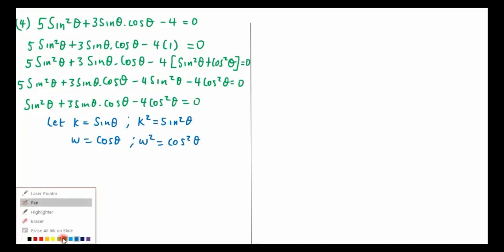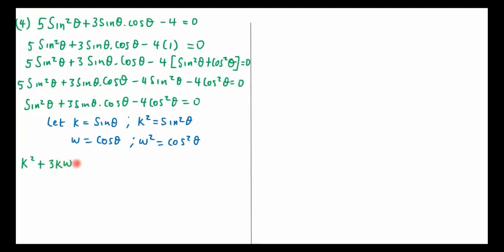Now by doing this, you can see that you're going to have k squared plus 3kw minus 4w squared equals 0. I like it when it's like that because now you can see that everything is at ease. So once we get here, we can just factorize these two.